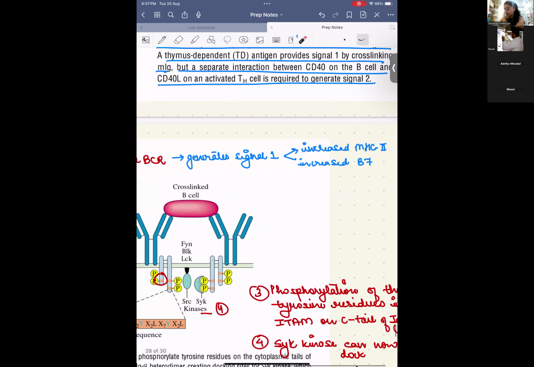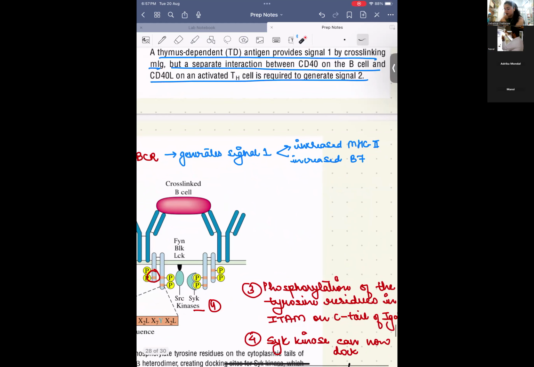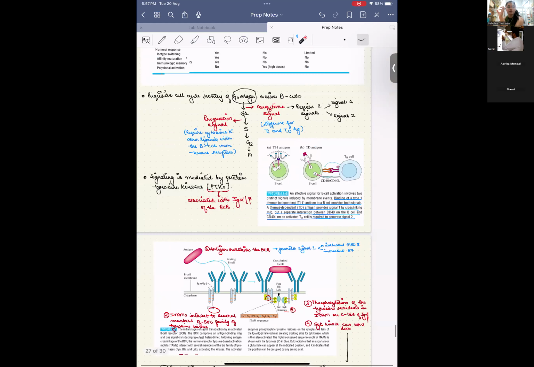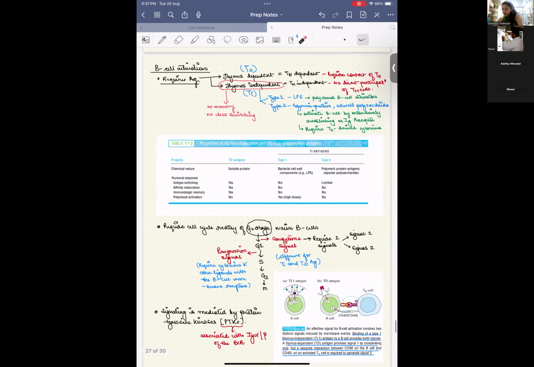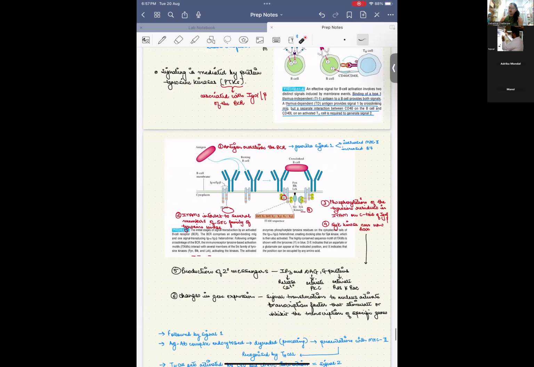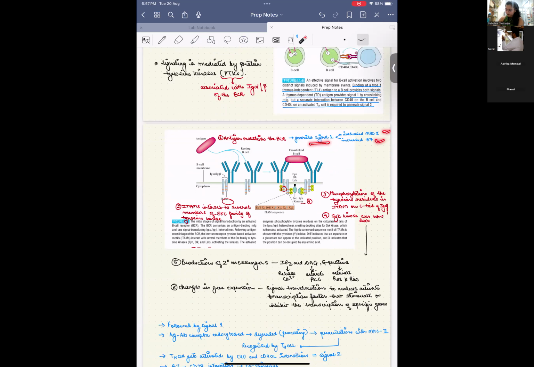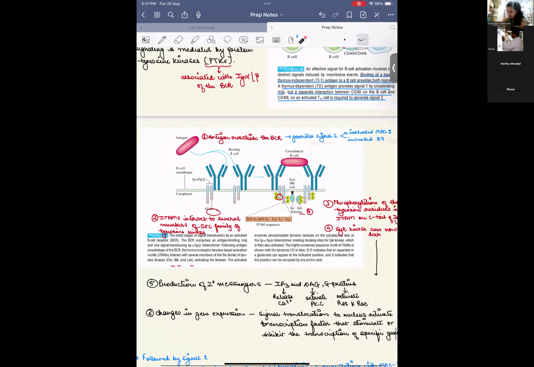If you remember from here, the B7 molecule is required for providing a co-stimulus to T cells, right? So this cross-linking is generating signal 1, which is doing two things.